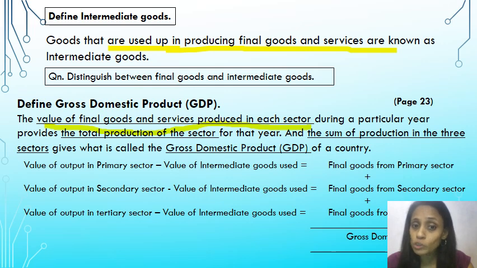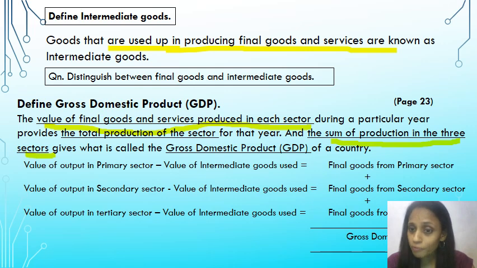Final goods produced by the secondary sector is known as total production of the secondary sector. Final services produced by the tertiary sector is the total production of the tertiary sector. Now, if we add up the final goods and services production of all the sectors, we get GDP. See this, the value of final goods and services produced in each sector during a particular year is known as total production of the sector.